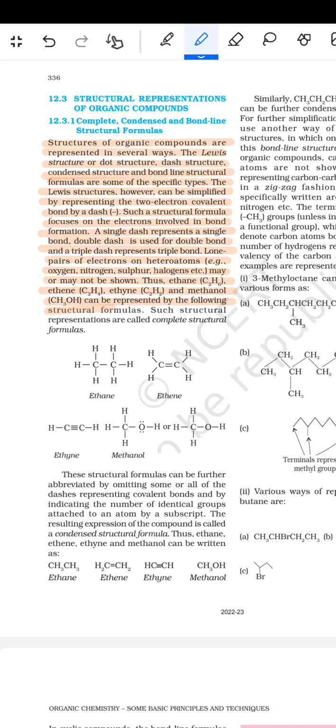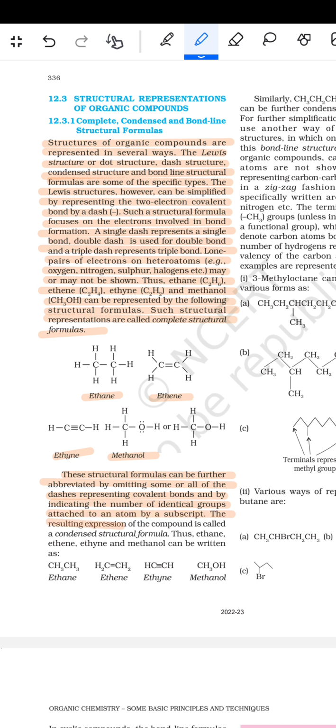the following structural formulas. Such structural representations are called complete structural formulas, like ethane, ethene, ethyne and methanol. These structural formulas can be further abbreviated by omitting some or all of the dashes representing covalent bonds and by indicating the number of identical groups attached to an atom by a subscript.